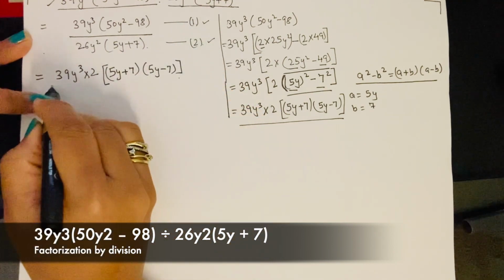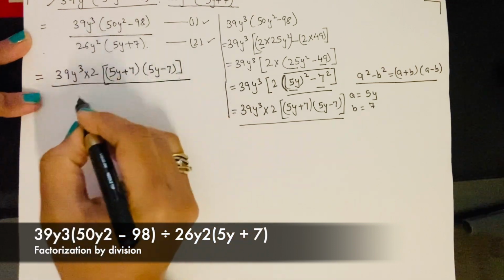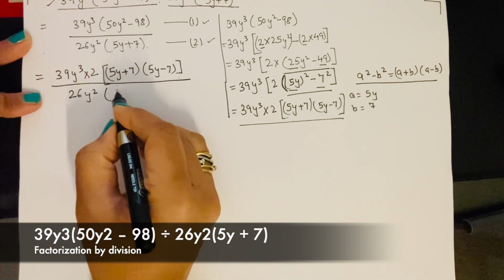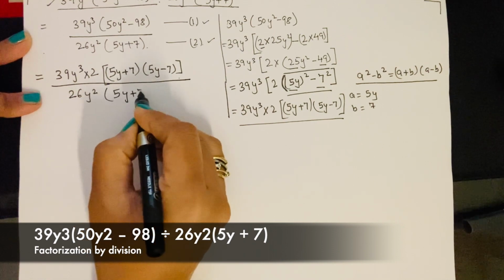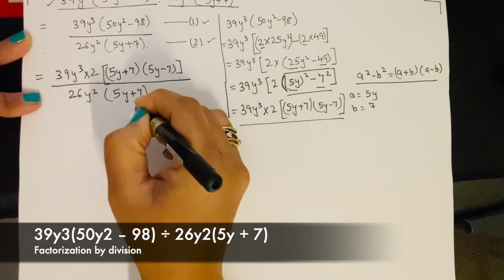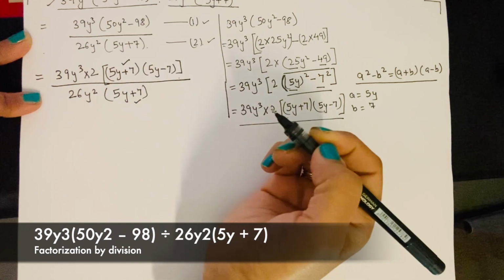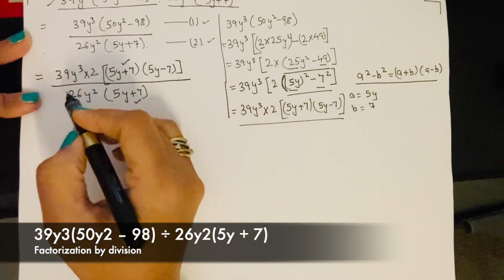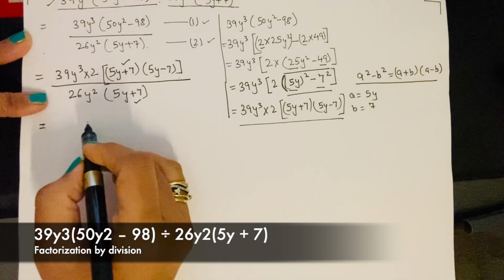The first equation is written like this, divided by 26y square, 5y plus 7. Now we can see that this and this are common, so this will go away, and then we'll solve it further.